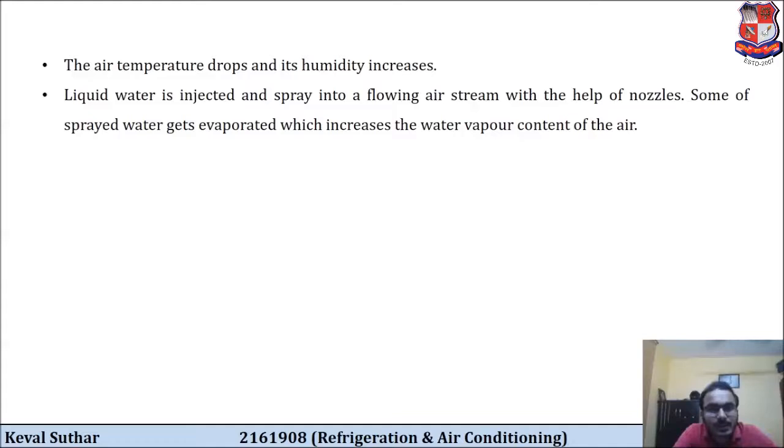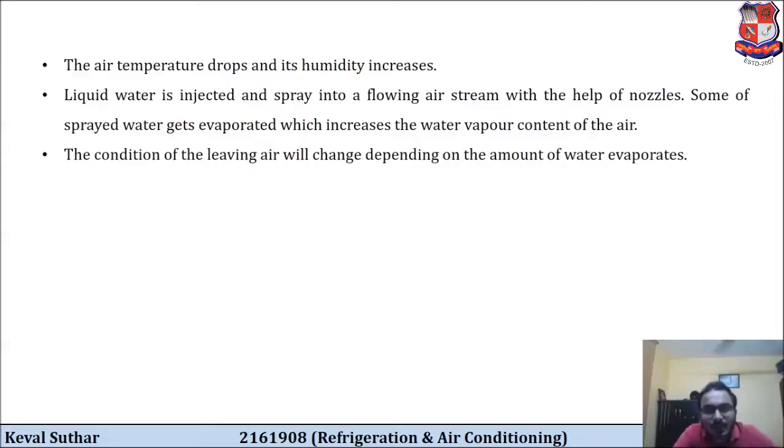So liquid water is injected and sprayed into the flowing air stream with the help of nozzles. Some of sprayed water particles will get evaporated, which increases the water vapor content of air. The condition of leaving air will change depending on the amount of water evaporated. If more amount of water evaporates, then the temperature will go further down and specific humidity will also increase.